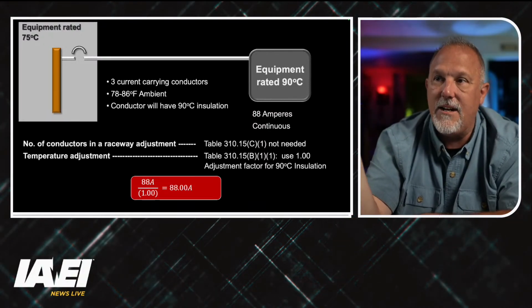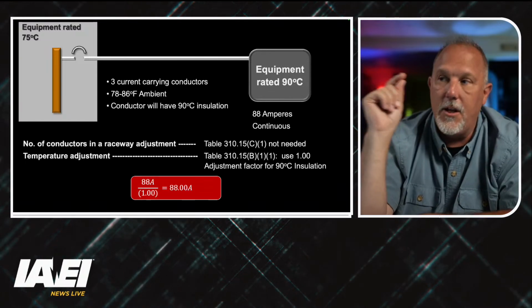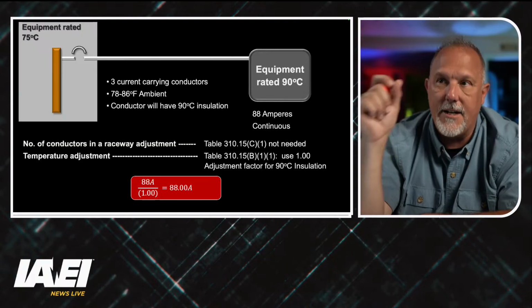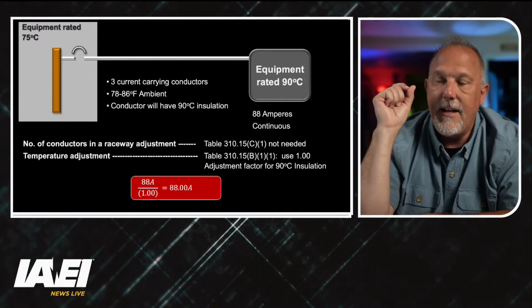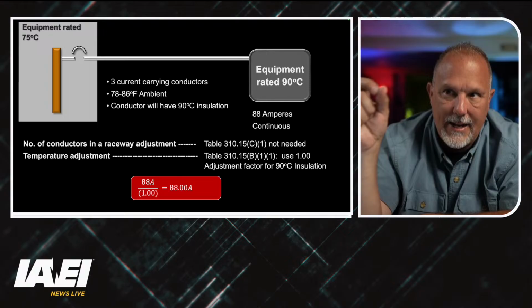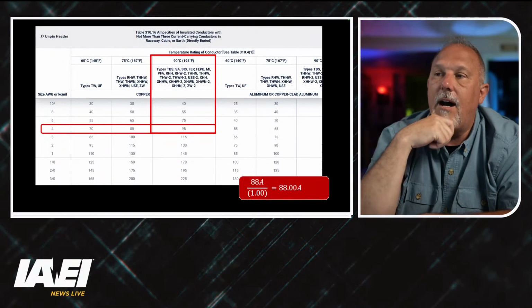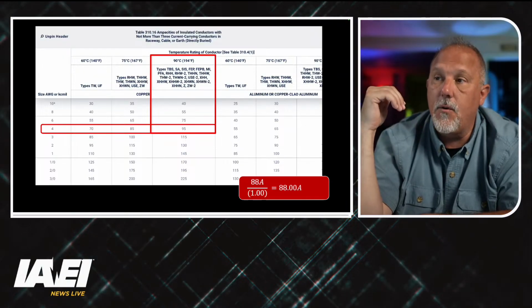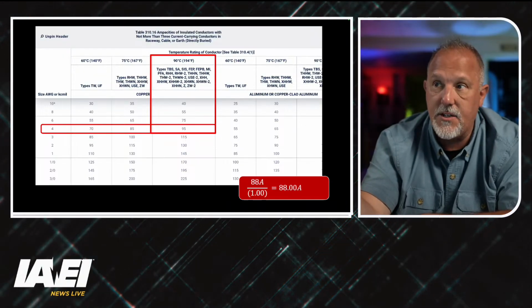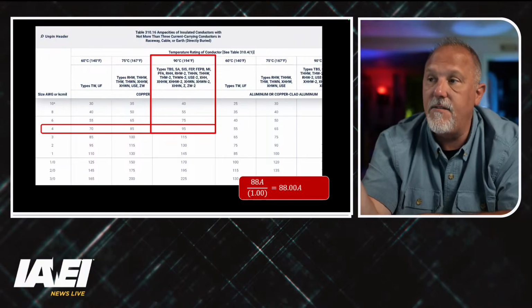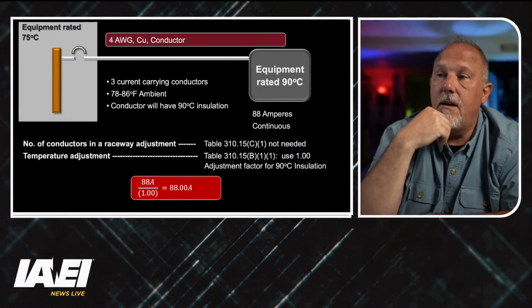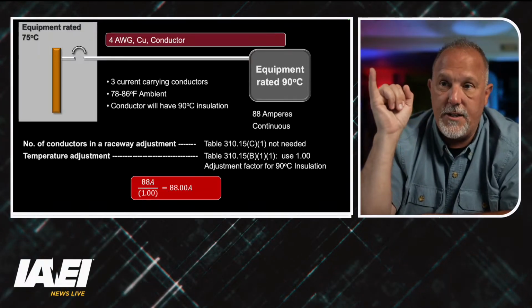The load that I need is 88 amps, and the conductor ampacity has to be equal to or greater than 88 amps. I can use a number 4, a 4 gauge conductor for 95 amps. I can't do a number 6 because that's only 75. All right, so now I know I'm at a 4 gauge conductor.